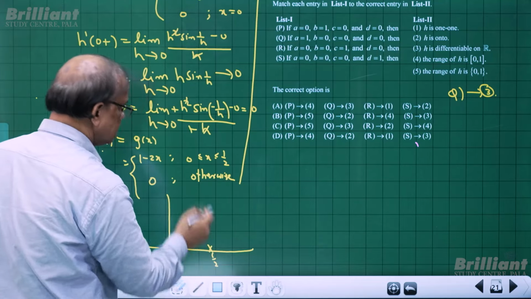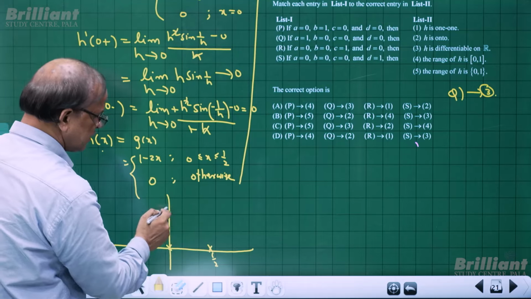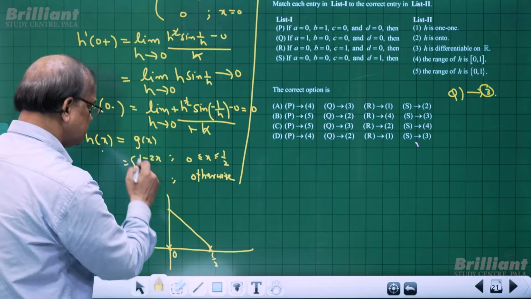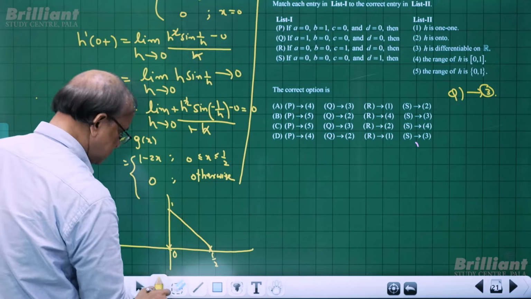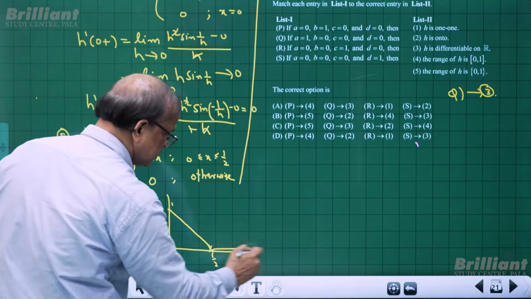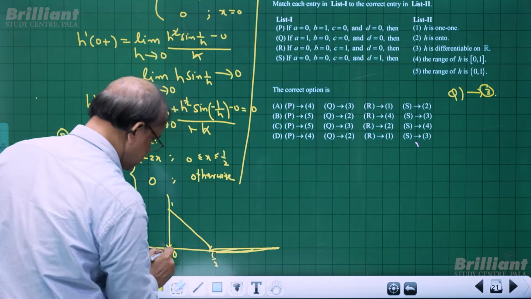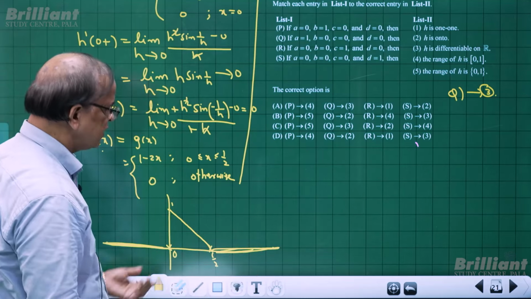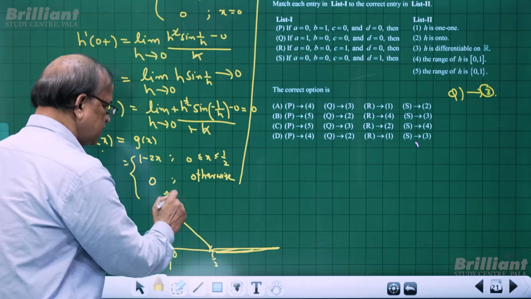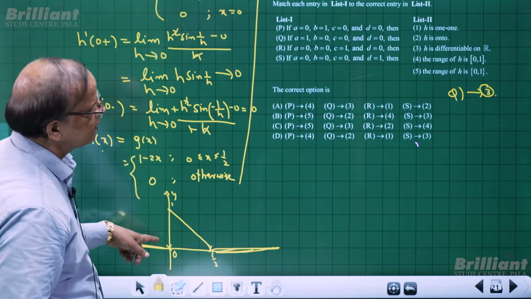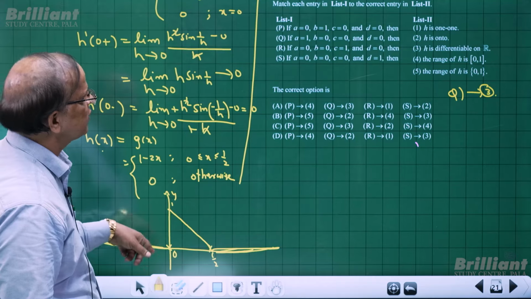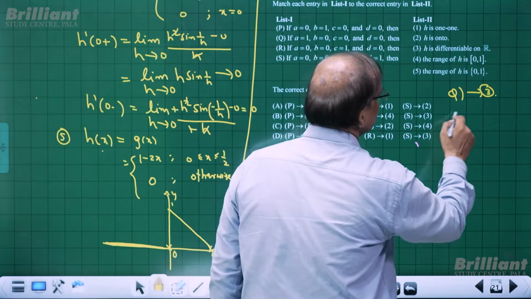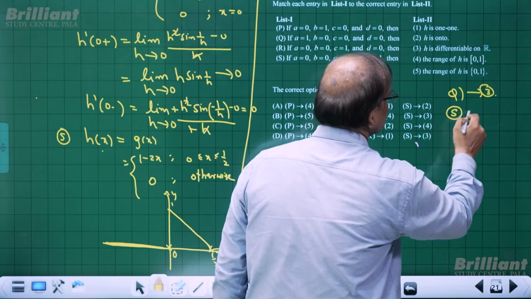This is a straight line with a negative slope, from x equals 0 where y is equal to 1, and otherwise 0. So, therefore, the range is 0 to 1, correct. The range is 0 to 1. So, S is 4.